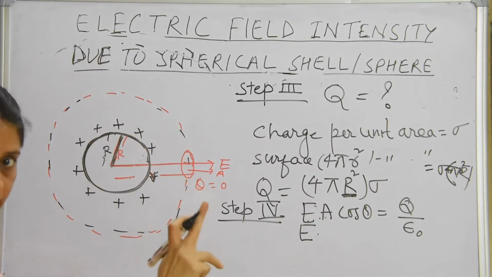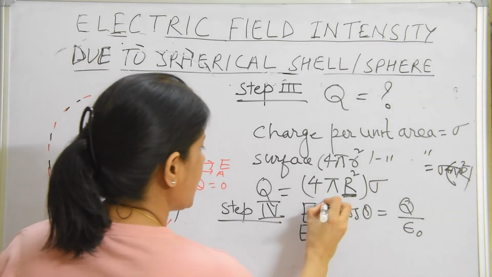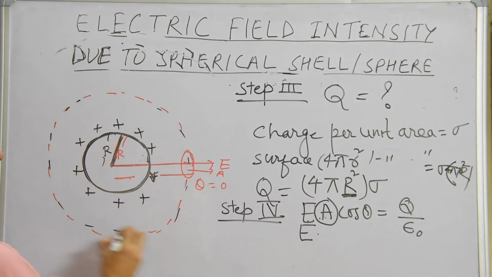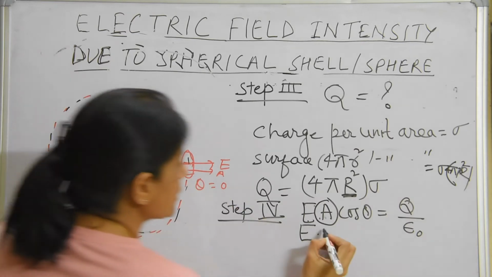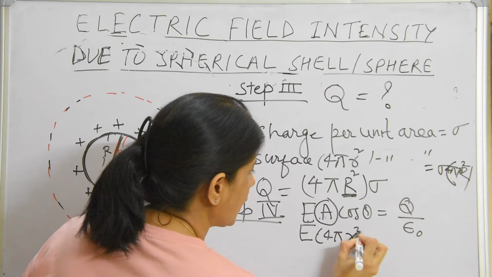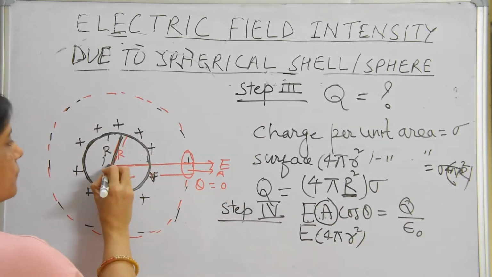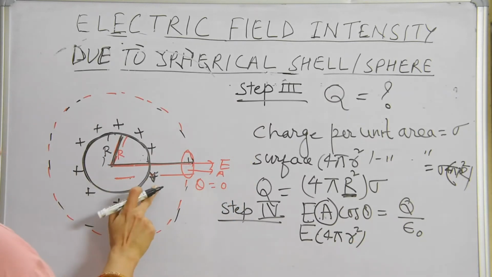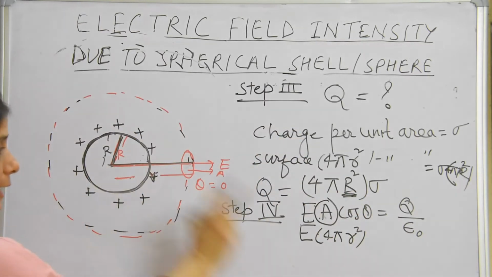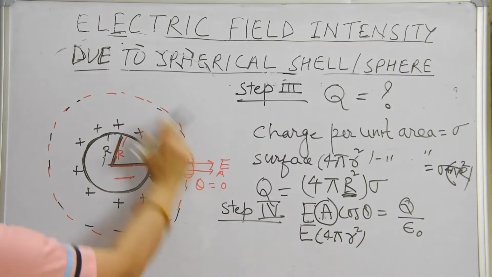This is the area of this Gaussian surface. You have to keep this in your mind. And this whole area is 4 pi small r square. This point is very important. See, this is small r square and that was capital R square. Here we take the Gaussian surface area.